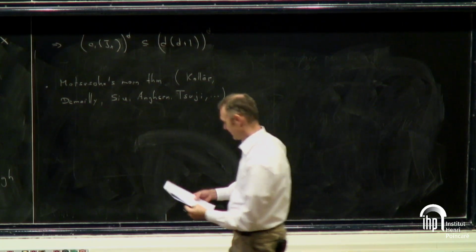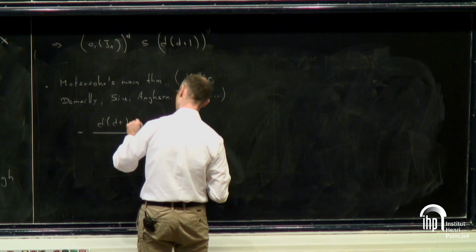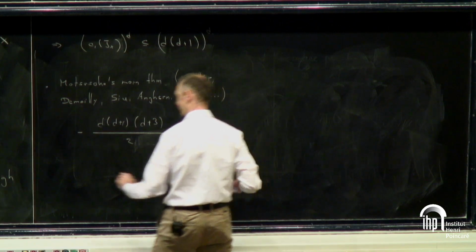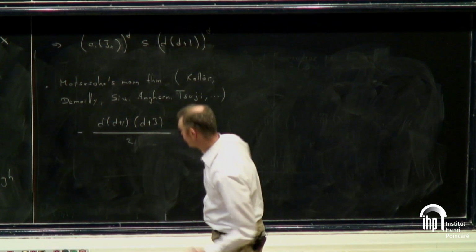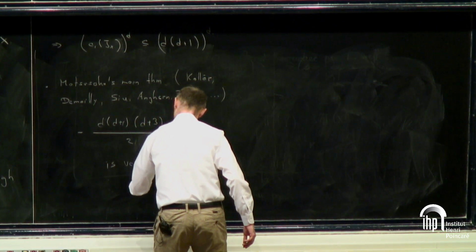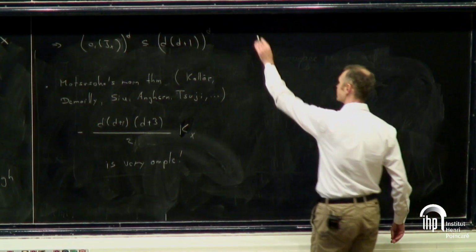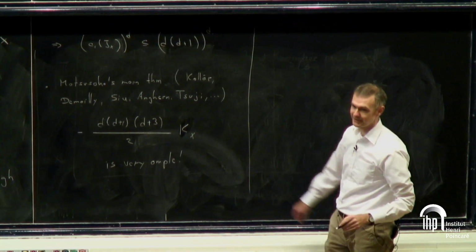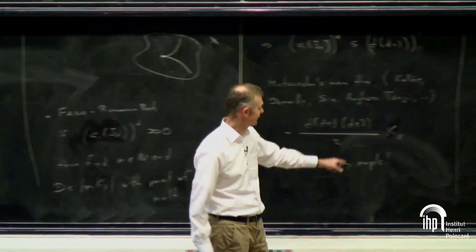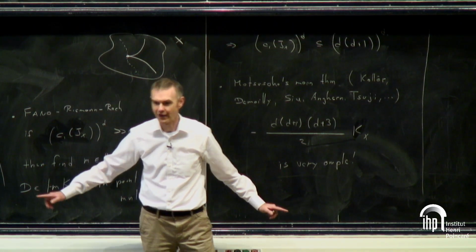They say that minus d plus 1, d plus 3 by 2 of the canonical class is very ample. Very ample means this gives me an embedding into projective space. This gives me an embedding into projective space, this bundle, but I know its Chern class is bounded. And this is how boundedness comes about.